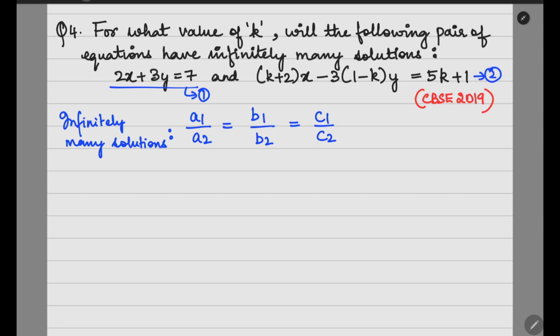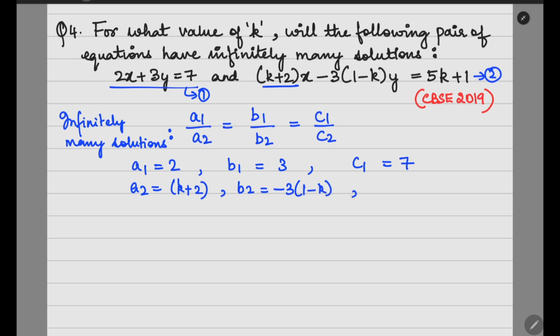From the first equation, a1 is 2, b1 is 3, c1 is 7. a2 is the coefficient of x in the second equation, that is k plus 2. b2 is minus 3 into 1 minus k, and c2 is the constant on the RHS, that is 5k plus 1.